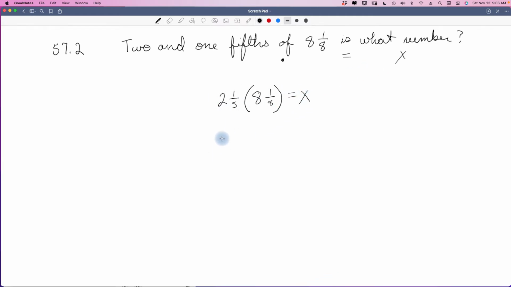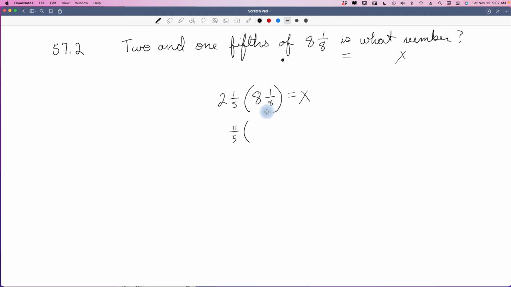That's our problem. We hate mixed numbers. They're harder to multiply. You can't multiply that. We have to put it in a proper fraction. 2 times 5 is 10, plus 1 is 11 over 5. And then we're going to multiply that by 8 times 8 is, oh goodness, 64. Is that right?